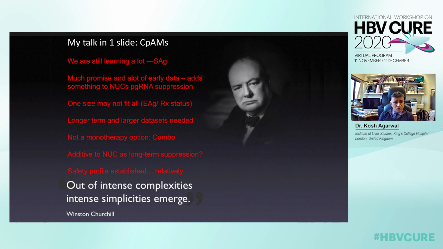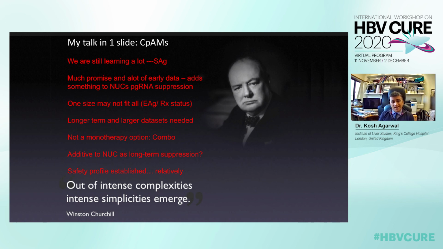We have a lot of promise and now a lot of early data in this field with multiple players coming into clinical trials and generating data. And they certainly seem to add something and deepen the suppression in addition to nuke therapy. And that is certainly a step forward in the field with this class of drugs.